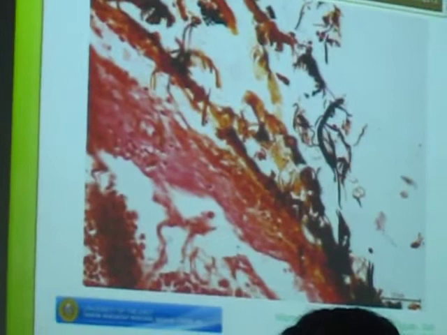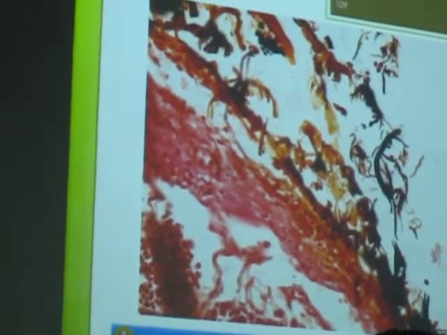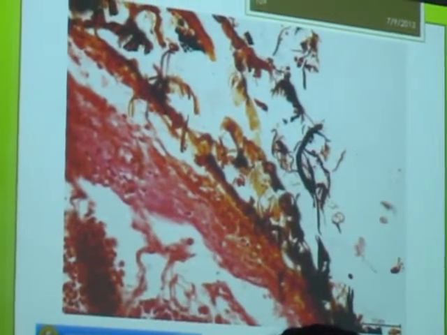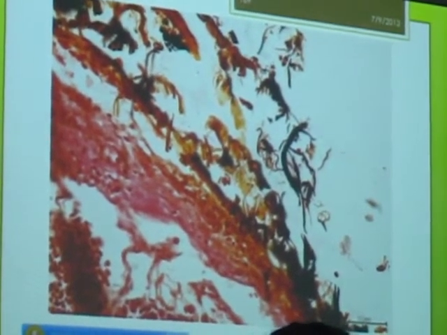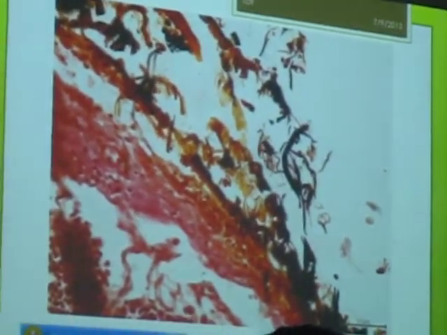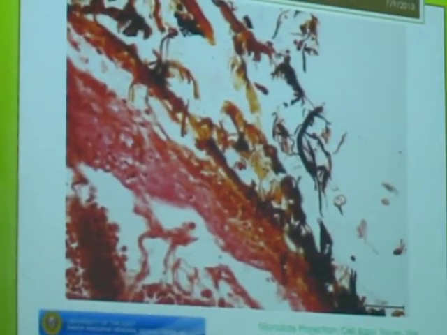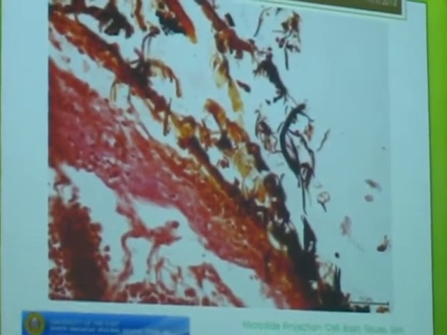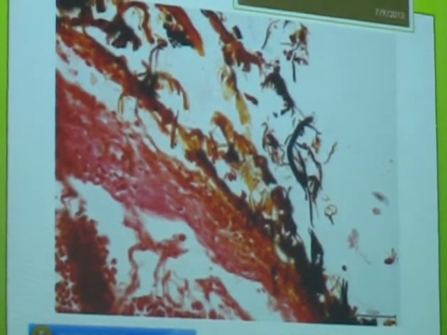Did you see this in your slide box? You have this in your slide box because all of these pictures, I took from your slide boxes. Reticular fiber. Hair-like branching reticular fiber. Wavy elastic fiber. Pink, thick bundles, collagen fibers.